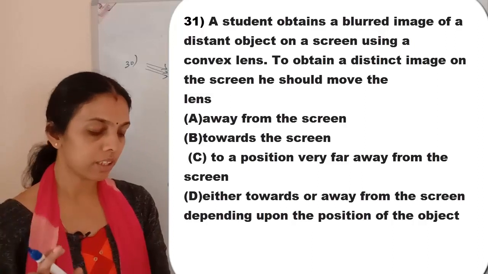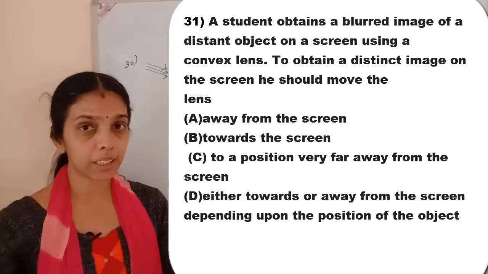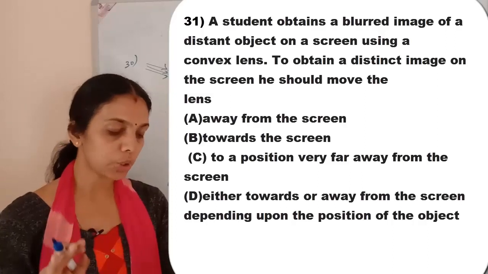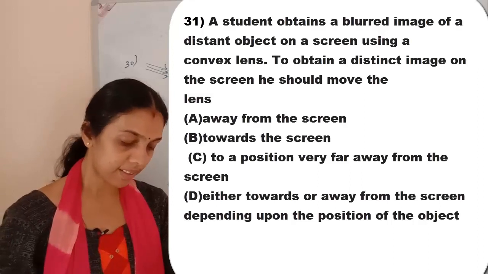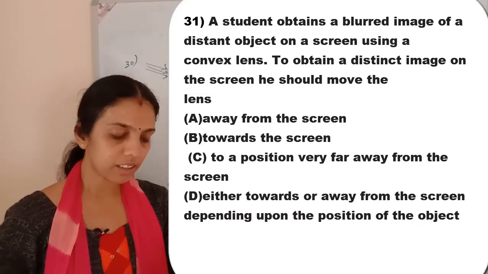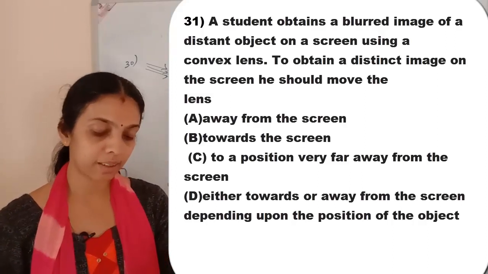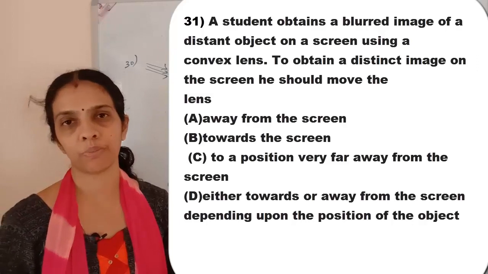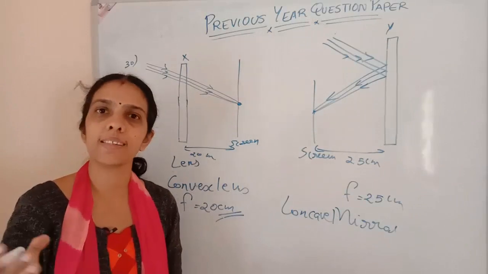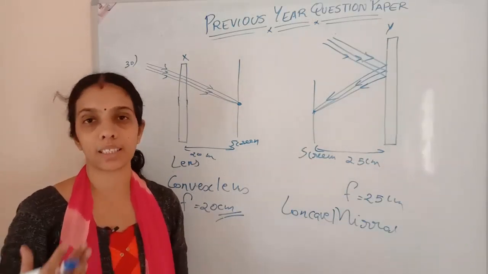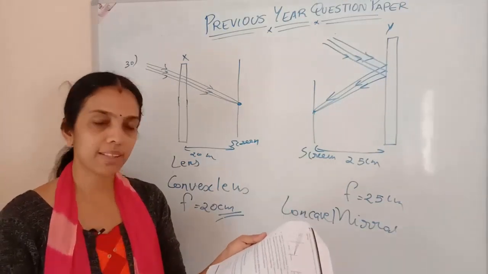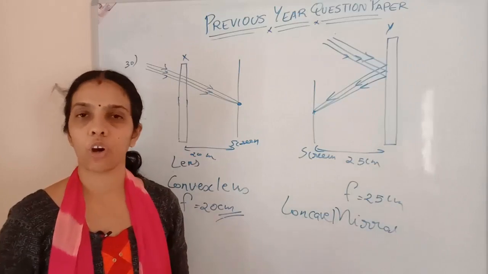To obtain a distinct image on the screen, he should move the lens away from the screen, towards the screen, to a position very far from the screen, or either towards or away from the screen depending on the position of the object. Practically, since we are getting a blurred image, we will move forward or backward and see at which position we get the correct image. So the answer will be D, either towards or away from the screen depending upon the position of the object.